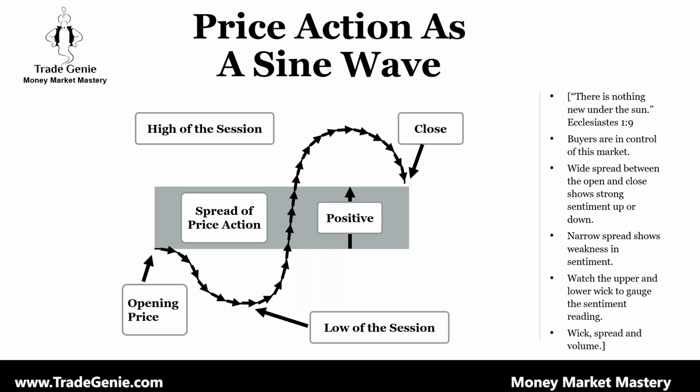They are moving in this pattern. This is the opening price, and then it goes and makes some low, and then it goes up, and then it closes here, and this is positive because this close is higher than this, so it creates this sine wave, and we call it bullish.